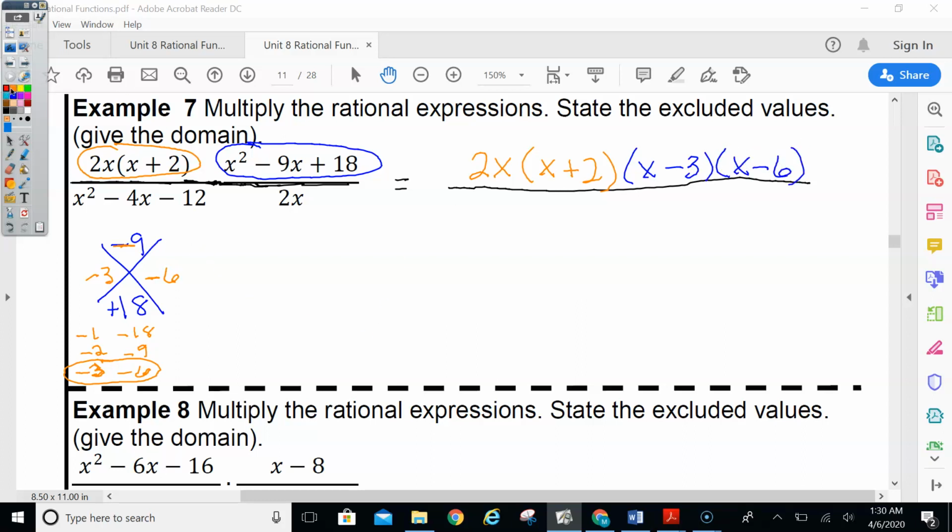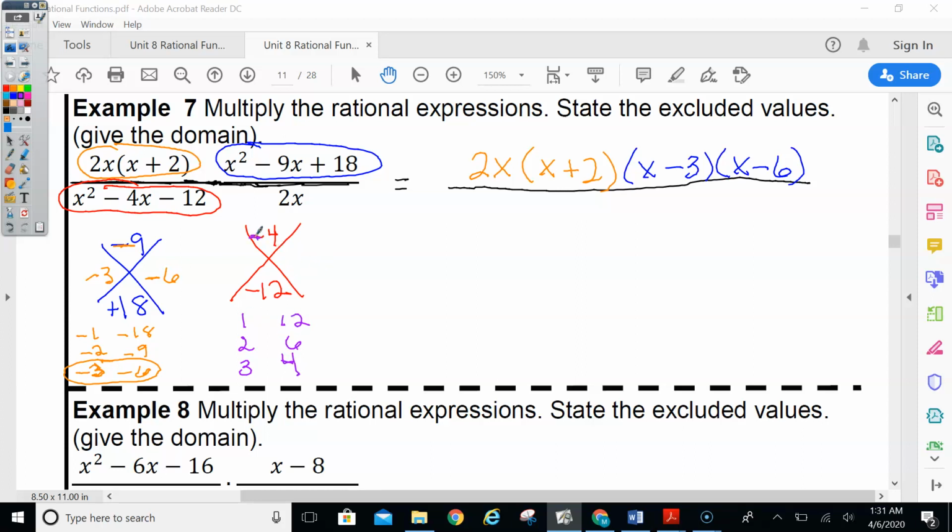And denominator, same thing. For this one, we want to make an x for this one. So negative 12 here, and a minus 4. Negative 12, 1 and 12, 2 and 6, 3 and 4. To make a negative, I know one's got to be positive, one negative.